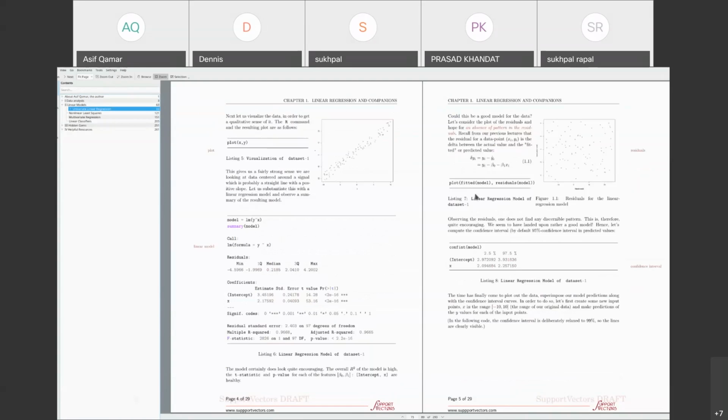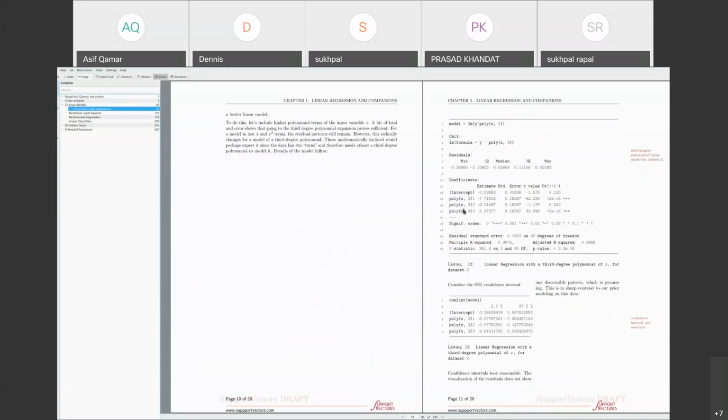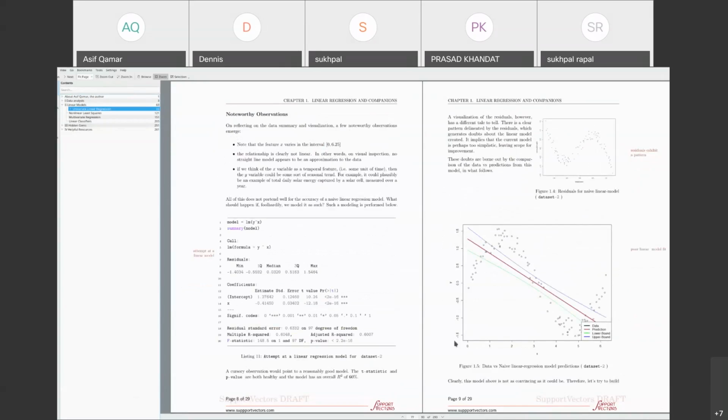So this data set we discussed last time, we talked about the residual analysis. Just to recap, we found that just because you get good numbers in your summary of the model, it is not enough.